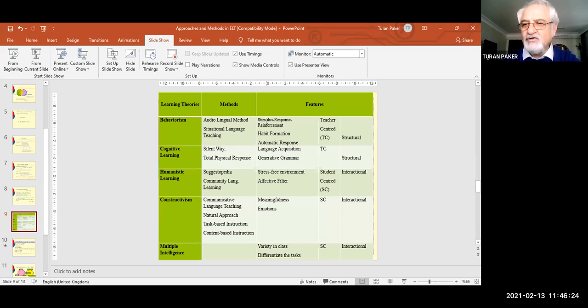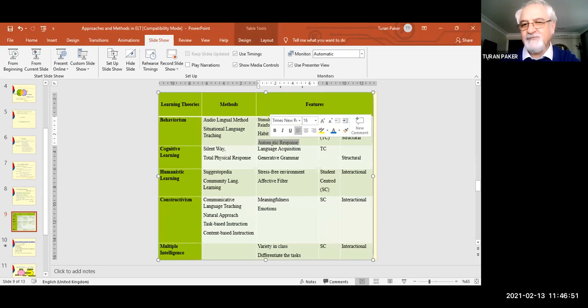And they used dialogues a lot, conversations a lot, to introduce the language and then to reinforce correct pronunciation, correct grammar, correct vocabulary. So they focused on structure, and they focused on accuracy more than the meaning and the message. So there were a lot of repetitions, because the purpose was automatic response.